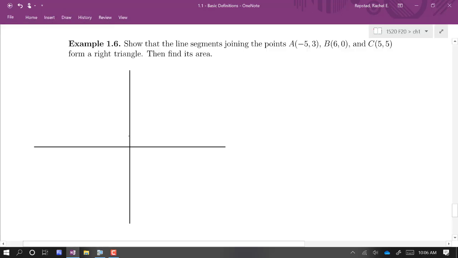So one point, A, is negative 5, 3. Point B is 6, 0.